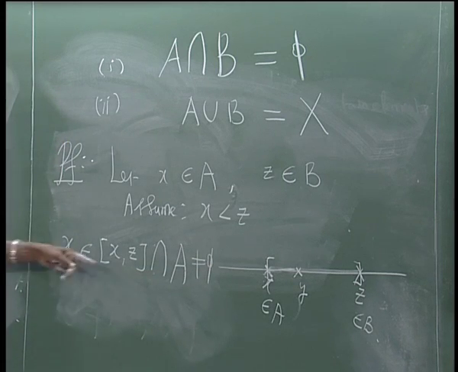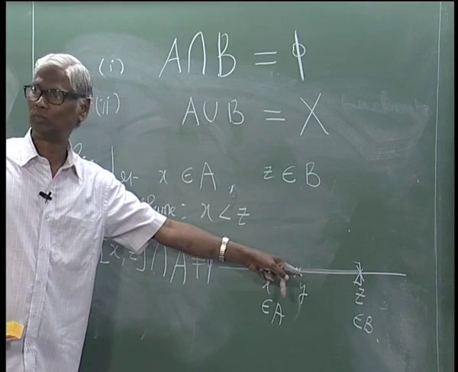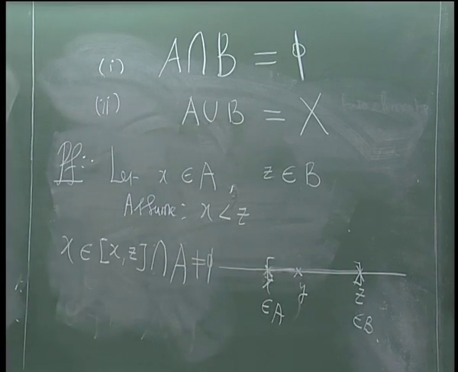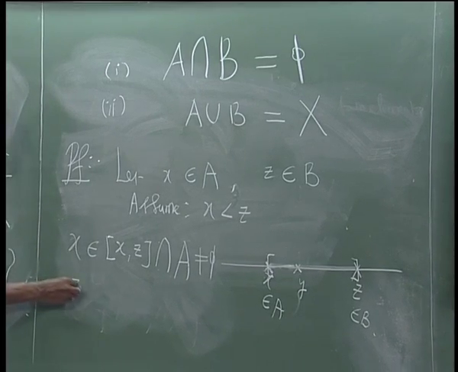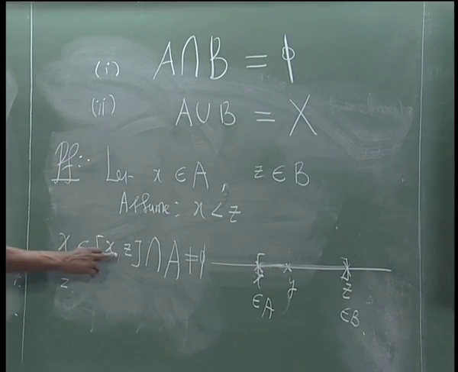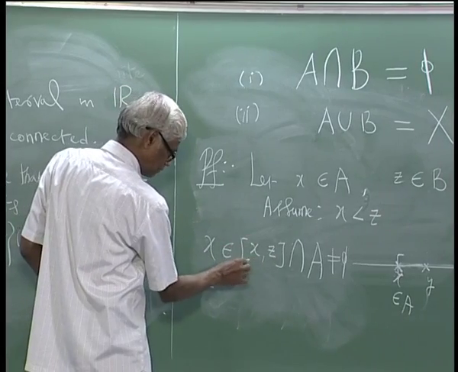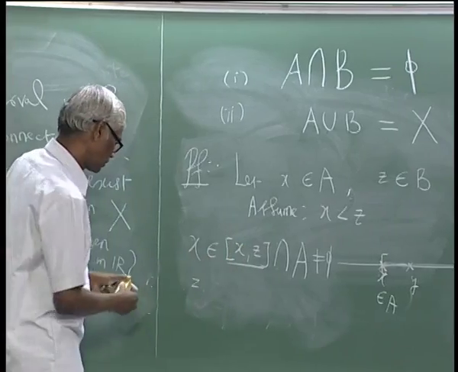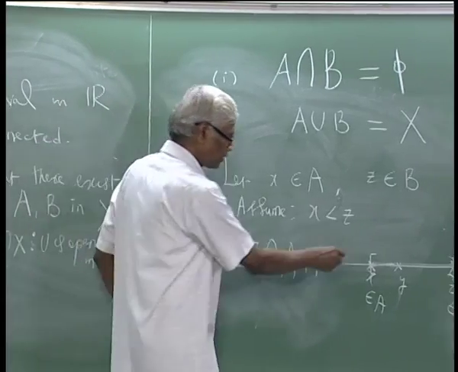Then we want to see how far we can go. At least z is not here: z is in the first set, but z is not in A. So we cannot reach z.